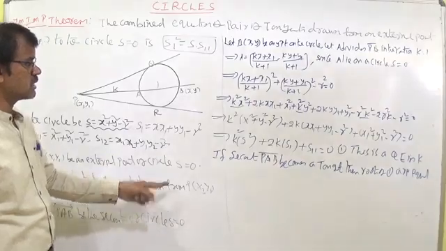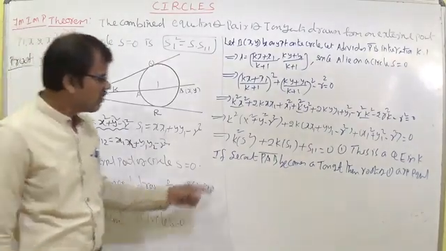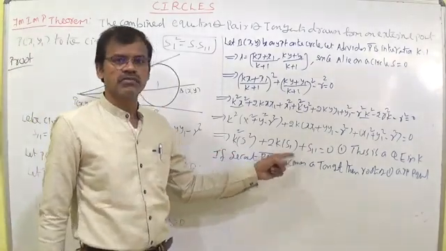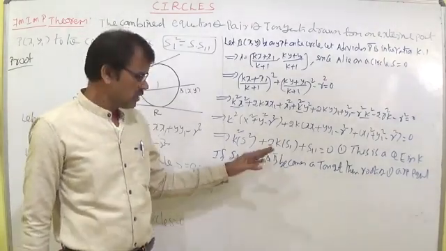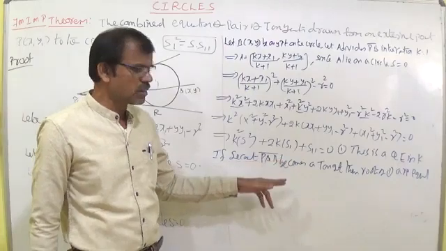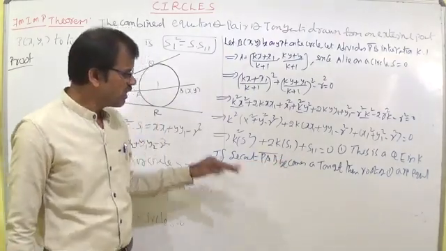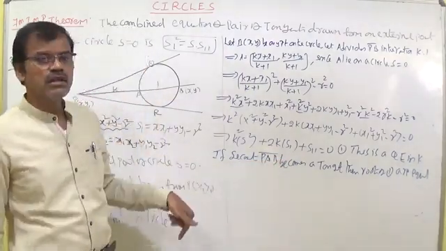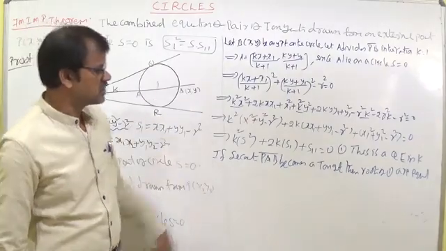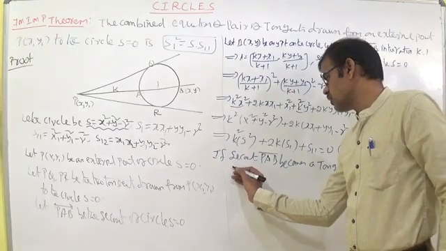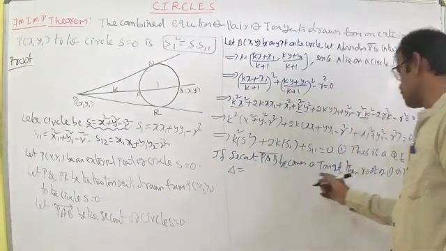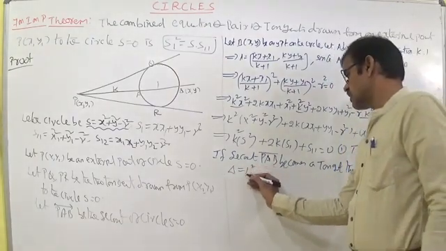Now I am going to discuss pair of tangents. That is why for the pair equation, what is the pair here? Quadratic equation. If the roots of the quadratic equation are equal, then secant becomes tangent. Whenever secant becomes tangent, we get the equation of pair of tangents. Now you write here, 1 are equal. Now what is the value of the discriminant?